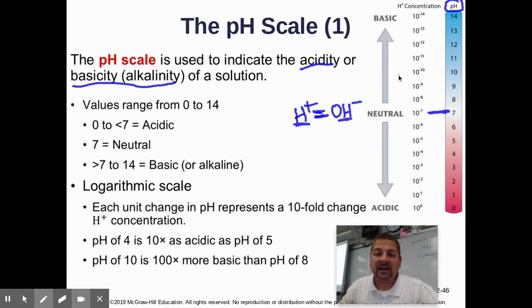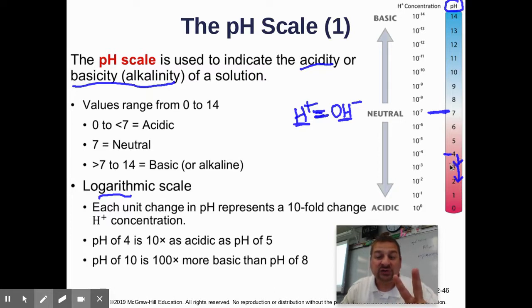Notice that it is a logarithmic scale. So it's 10 to the negative first power, 10 to the negative second power. If you have a pH of 4, and let's say it drops to a pH of 3, it is 10 times more acidic. If you drop from 4 down to 2, it's 10 times 10.